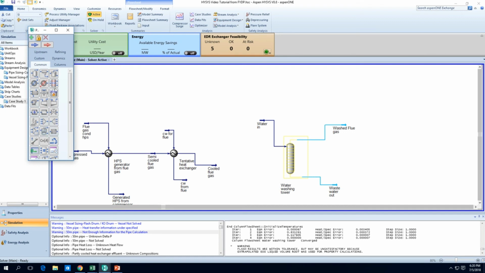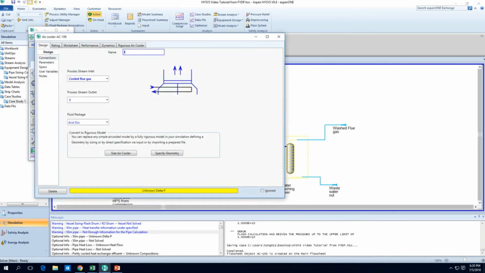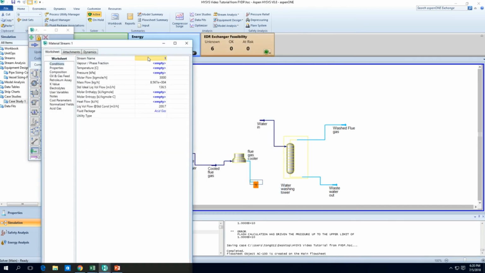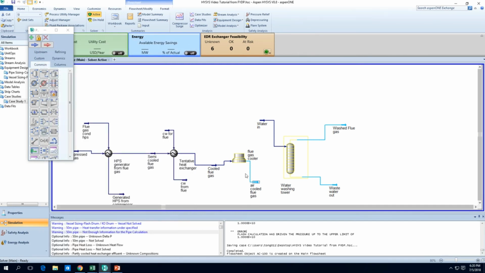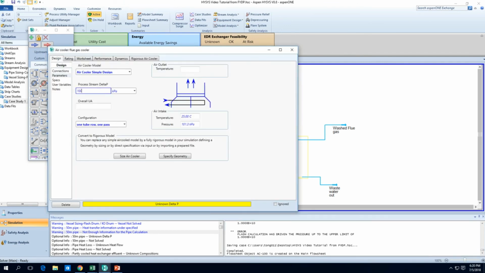Okay, let's put back our cooler. So input air cool flue gas. Let's put at 55 maybe. And the pressure, let's put it at 100 again.